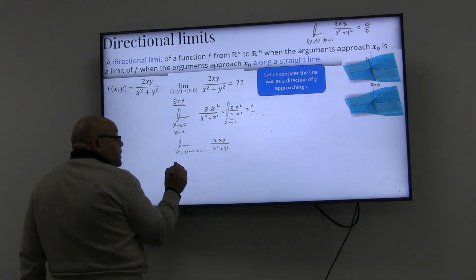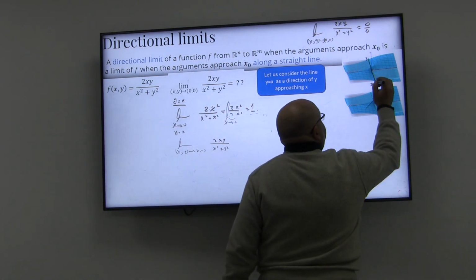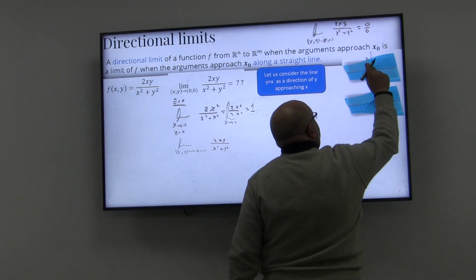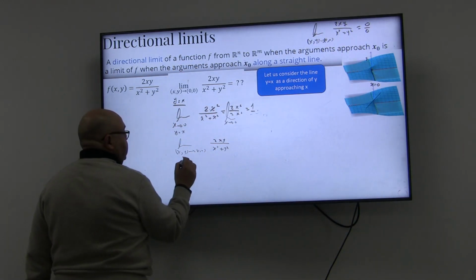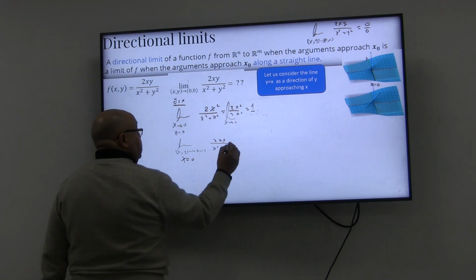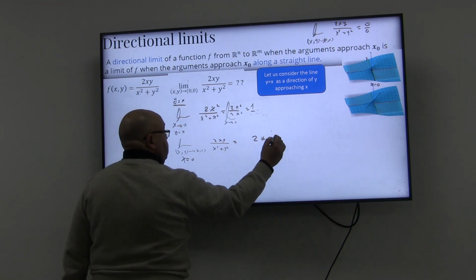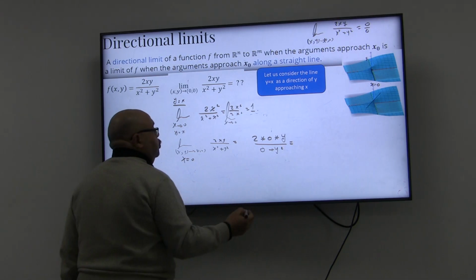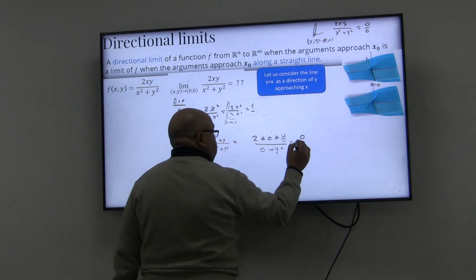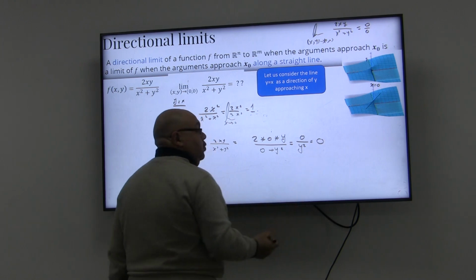But in this case, I will move through the y-axis, trying to approach the origin on the y-axis, whose equation is x equal to 0. Once you do so, you will have 2 times 0 times y divided by 0 plus y squared, which will result in 0 divided by y squared, which means the limit is equal to 0.